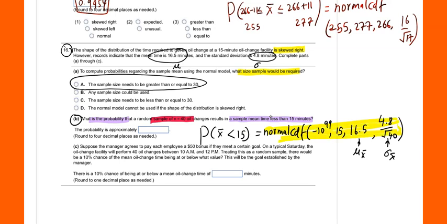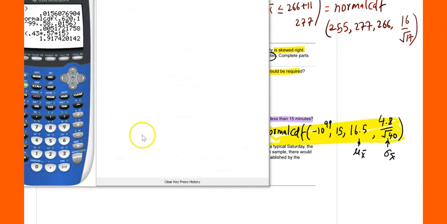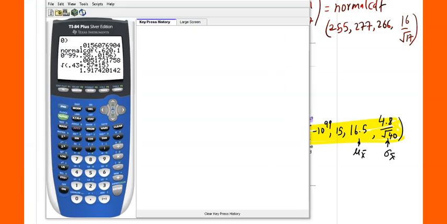We can type everything in the calculator at once to get the probability. Let me show you how it is typed here.